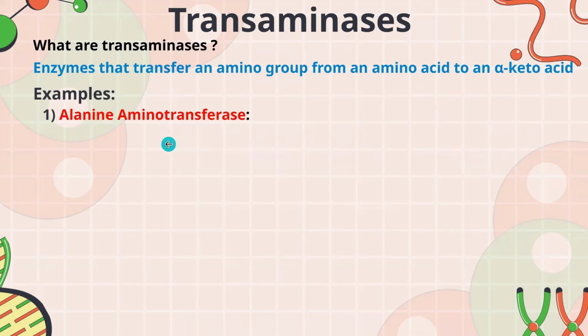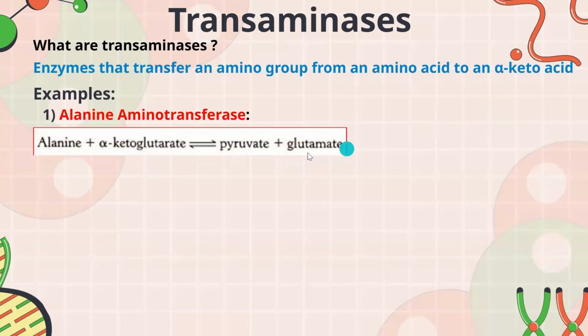Alanine aminotransferase, also called ALT, takes alanine and alpha ketoglutarate. Your alanine gives its NH2 to alpha ketoglutarate to form glutamate, and alanine, without the NH2, becomes pyruvate, okay?